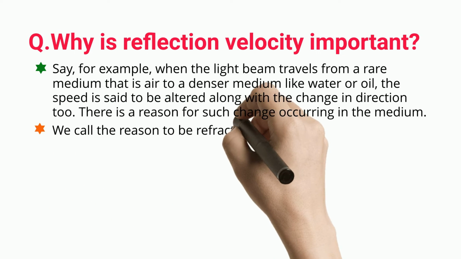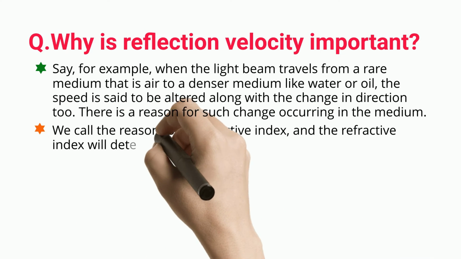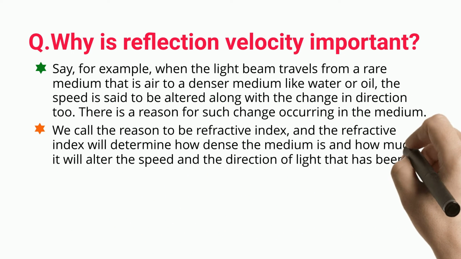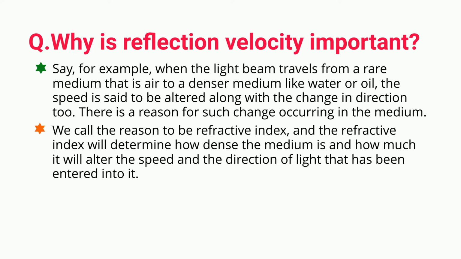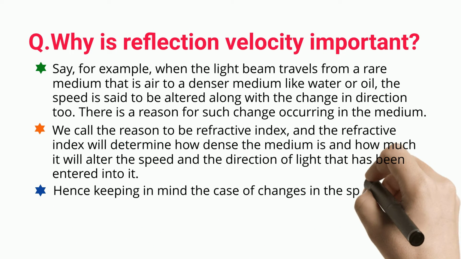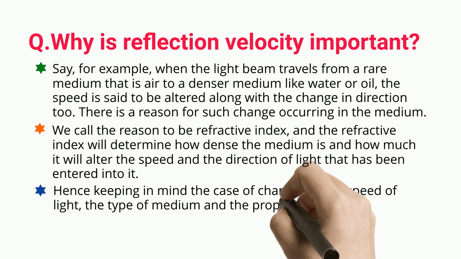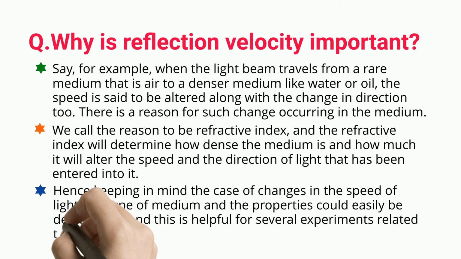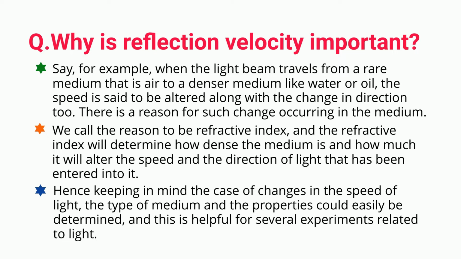We call the reason the refractive index, and the refractive index determines how dense the medium is and how much it will alter the speed and the direction of light that has entered it. Hence, keeping in mind the changes in the speed of light, the type of medium and its properties could easily be determined, and this is helpful for several experiments related to light.